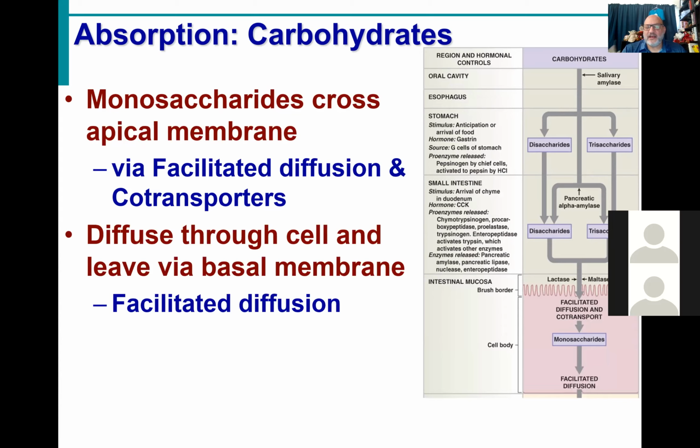Once they're inside the cell, we've stopped them from being lost as part of our feces at the end of the day. So we don't have to worry so much about wasting energy, not that it'd be wasting energy, but using energy to get them out of the basal surface. So we fully use facilitated diffusion to get it out.